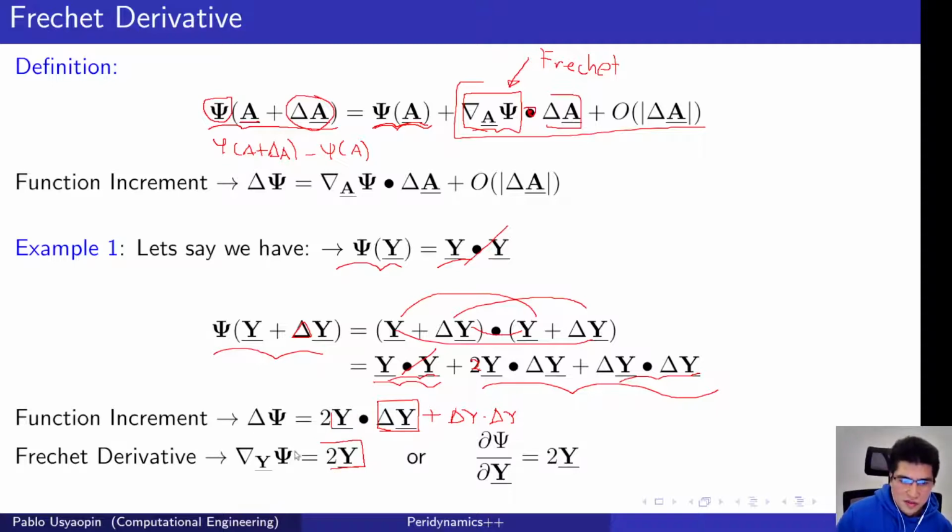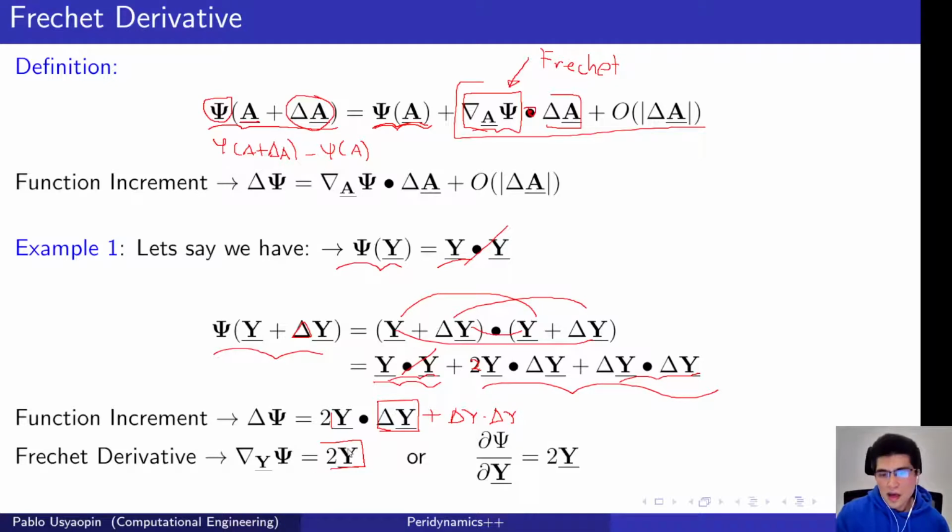And this Frechet derivative may also be expressed as the gradient of this function with respect to y now, instead of the vector state A, because we are adding to the function y.